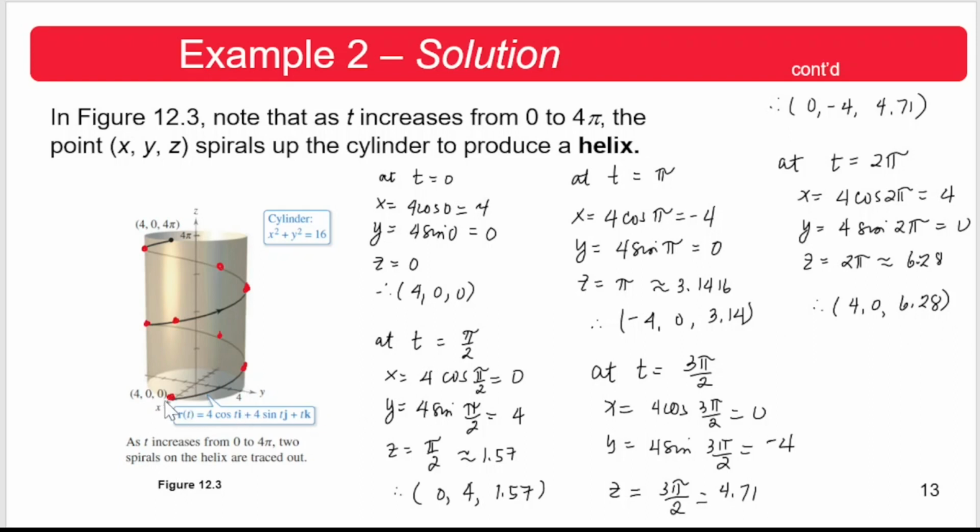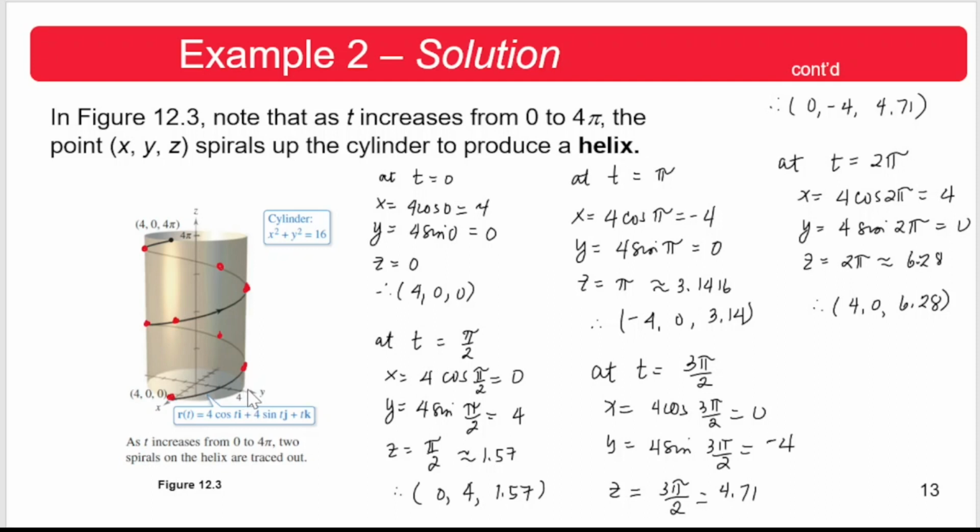So this is the first point. When t is 0, you have 4, 0, 0. When t is equal to pi over 2 or 90 degrees, from the x-axis to the y-axis, that's 90 degrees. So this indicates that you have 0 for x, and you scale 4 units along y. So from the center, along the positive side of the y-axis, you scale 4 units to the right. And then after that, the z coordinate is 1.57, so you have to move upward by 1.57.